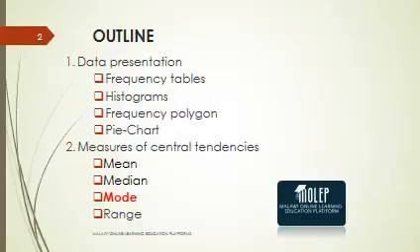We started at data presentation where we looked at frequency tables, histograms, pie charts, frequency polygon, and we also moved to measures of central tendencies, where we looked at mean, both grouped and ungrouped, median, both grouped and ungrouped. And this lesson we are going to look at mode, both grouped and ungrouped. And in our last lesson we are going to look at how to calculate range.